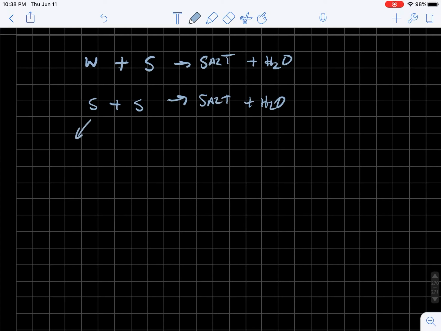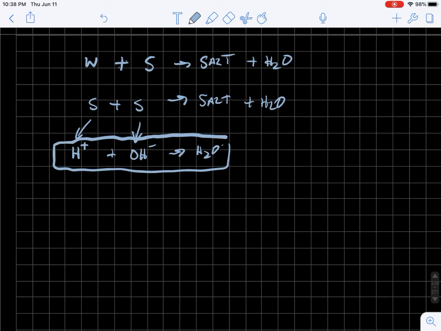If you're using a strong acid, you would do H plus for the acid, and for the strong base, you would use OH minus, and then that is always going to produce H2O. And it doesn't matter which strong acid and which strong base combo you use, it always comes out to be that.